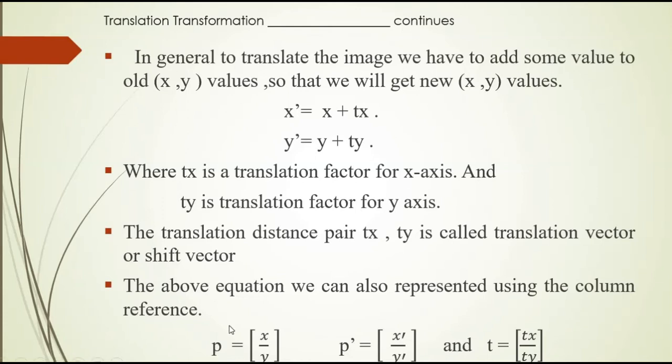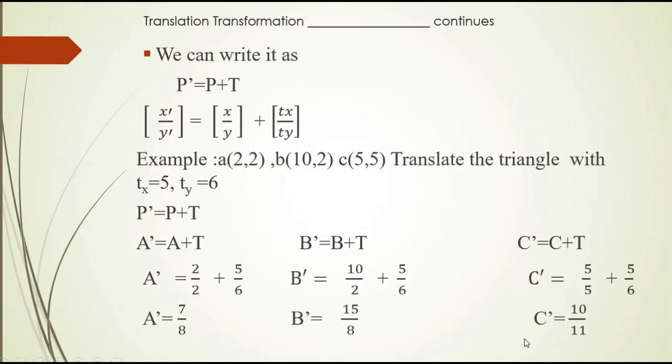So here P is equal to the original coordinate, that is x and y. P dash is equal to the new coordinate, x dash and y dash, and T is equal to the translating factor, that is tx and ty.